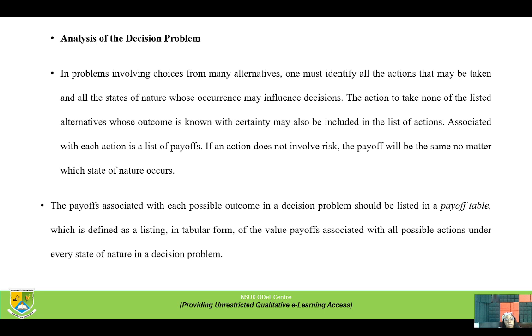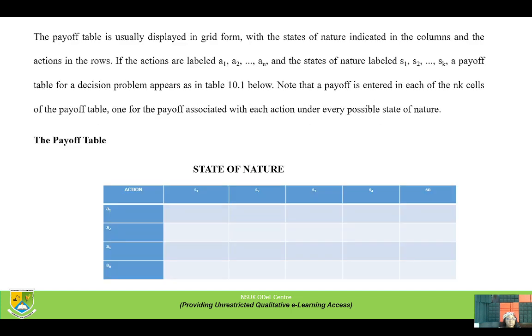A payoff table is defined as a listing in tabular form of the value payoffs associated with all possible actions under every state of nature in a decision problem. The payoff table is usually displayed in grid form with the states of nature indicated in the columns and the actions in the rows.